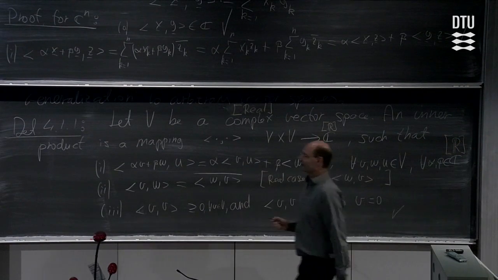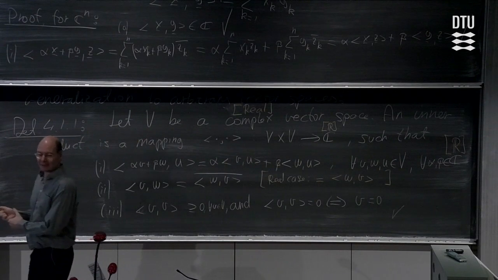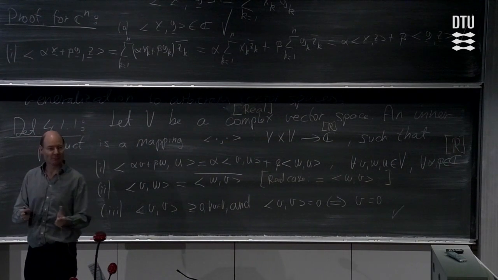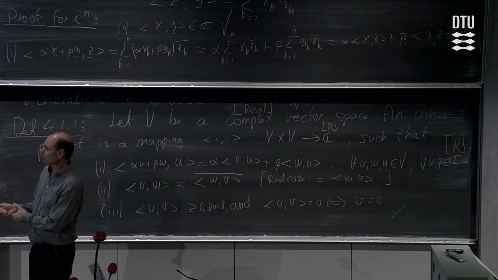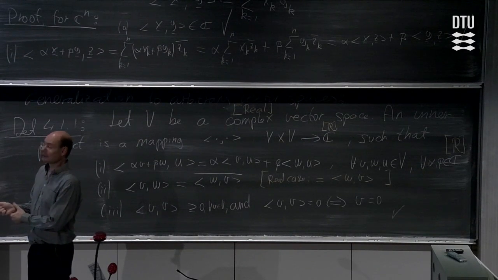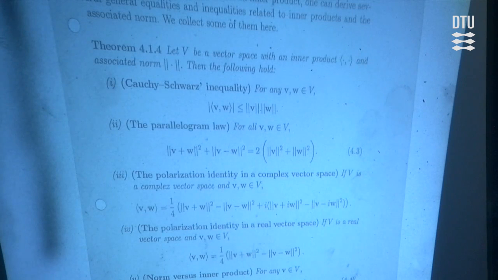But what the theorem tells us is that if we have a case where there is a norm coming from an inner product, then we actually need to have the parallelogram law satisfied. So that means if you are in a case where you have a norm on the space, and you do some calculations and it turns out that the parallelogram law is not satisfied, then you know that the norm does not come from an inner product.